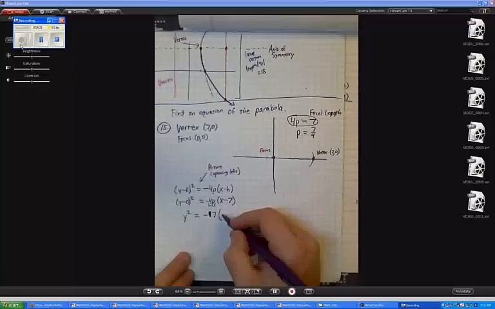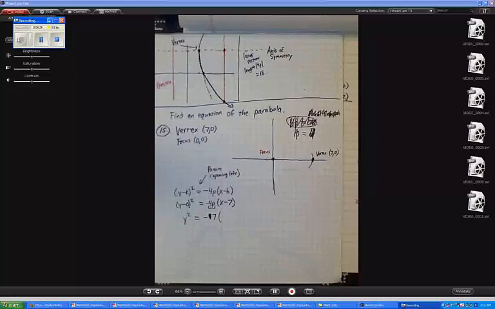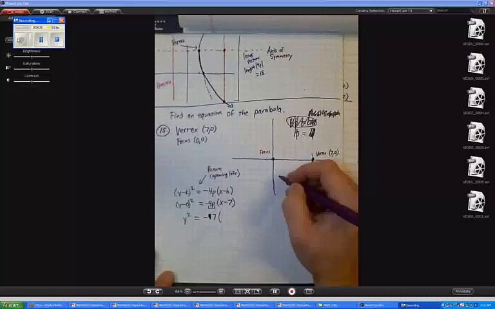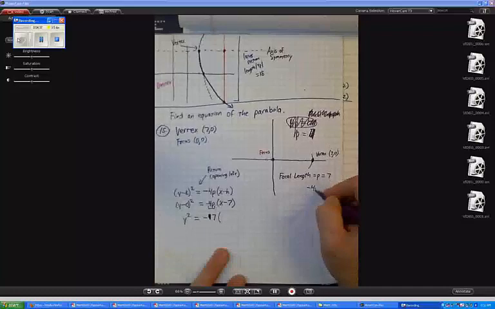Hang on a second, that's not right. Correction. The focal length is p, not 4p. Since the focal length is p, which is 7 in this case, what I need is negative 4p, which is negative 4 times 7. There we go. Negative 28. Much better.